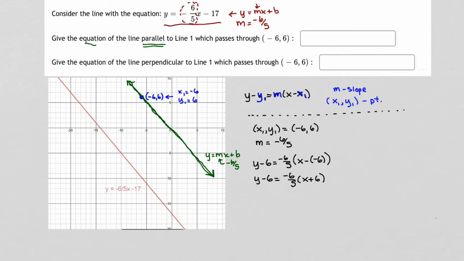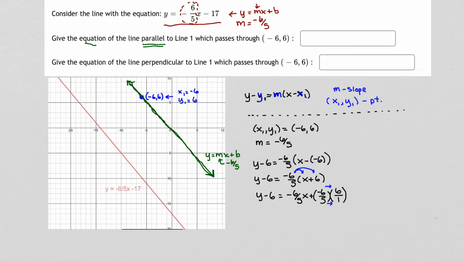We're going to distribute, so we're going to take negative 6/5 and multiply it through. That's going to give us y minus 6 equals negative 6/5 times x plus negative 6/5 times 6, which I'm going to write as 6 over 1. Now, when we multiply fractions, how do we do that?